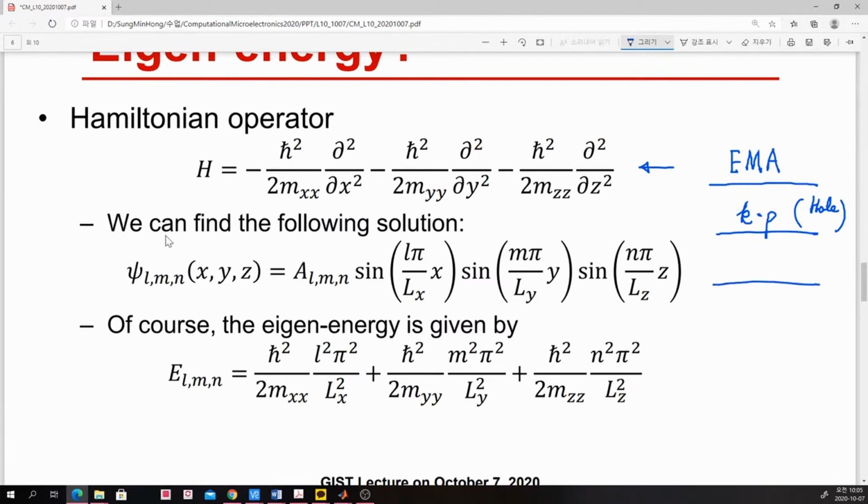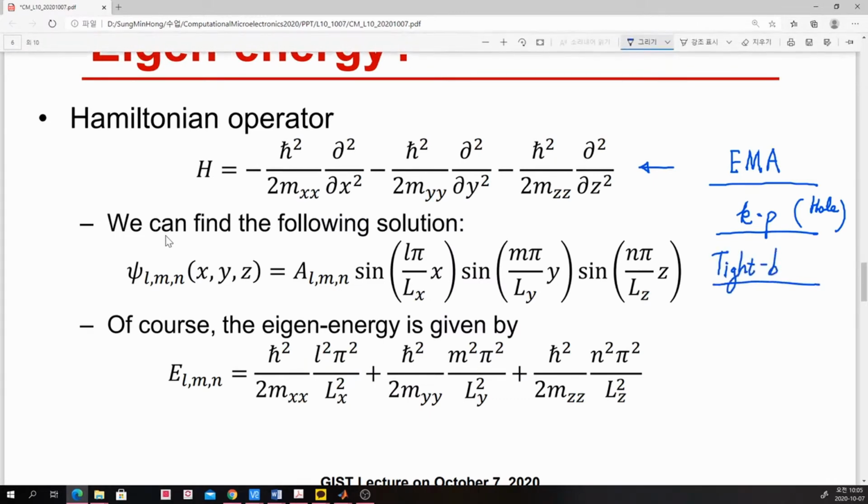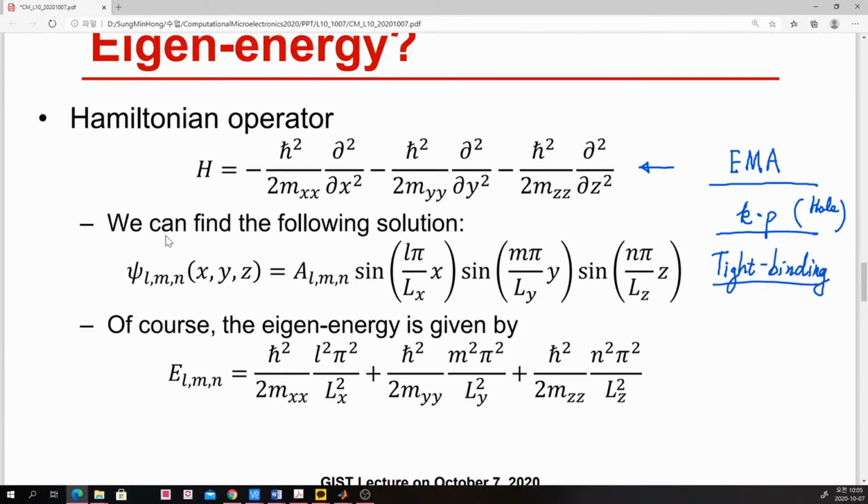After that, we can also think about the tight binding model. Tight binding has been used for quite a long time, almost 20 years in computational microelectronics, as the most advanced Hamiltonian model for atomistic structure.